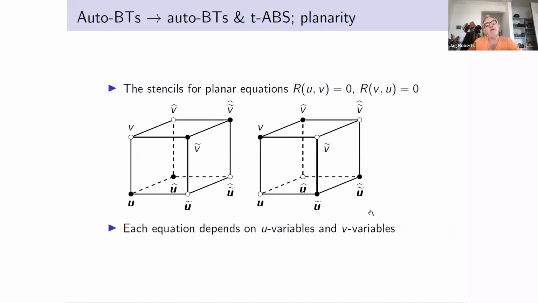Right. Okay. And it doesn't make sense for a quad equation. It only starts to make sense after you have torqued it as a BT and as an integrable equation. But before you do the torque, it just makes sense as a consistent system.